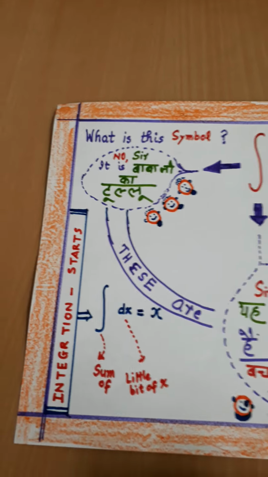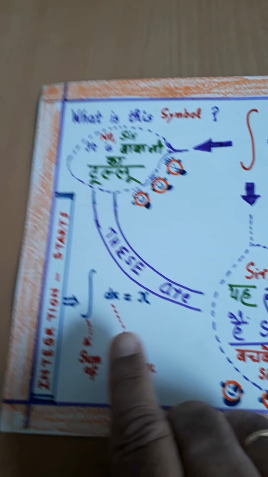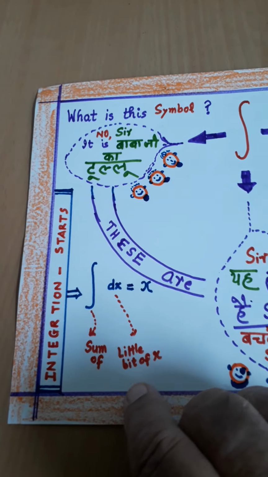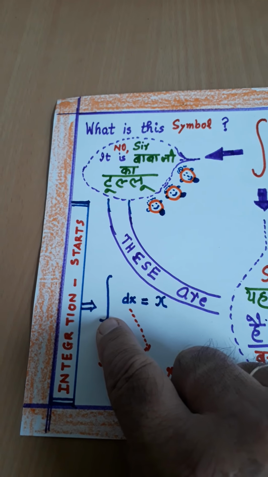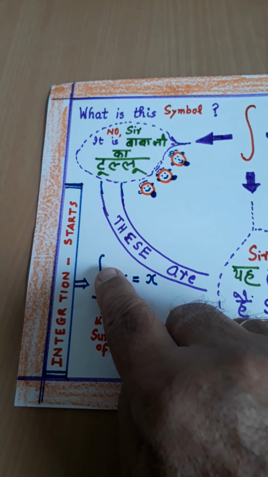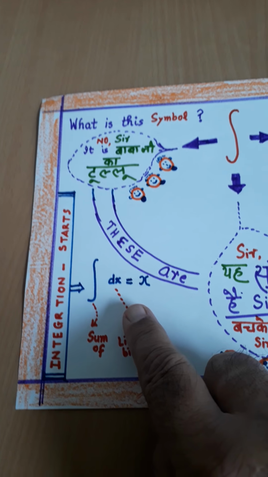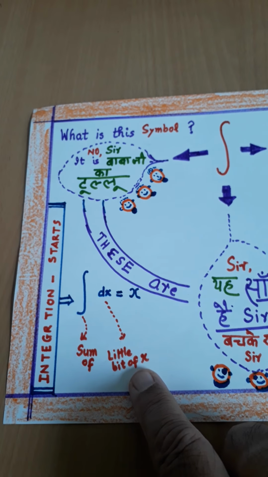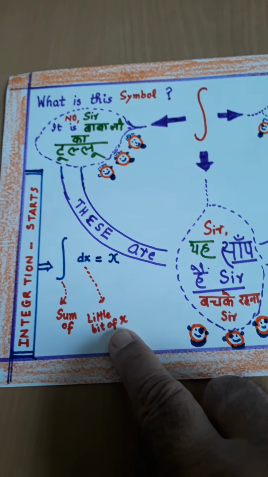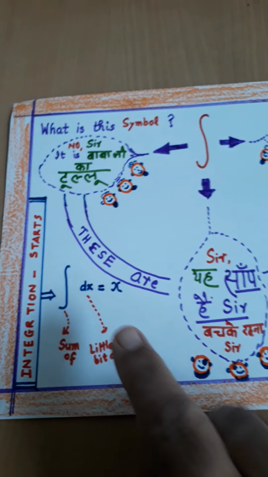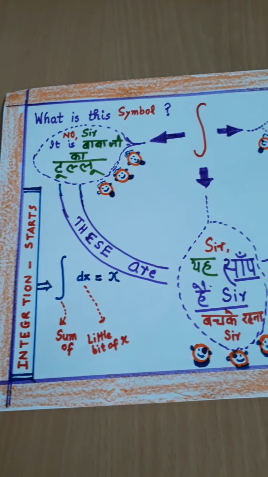Now look here, I have described what actually this symbol stands for. It is S, sum of dx, little bit of x. Sum of little bit of x is equal to x.